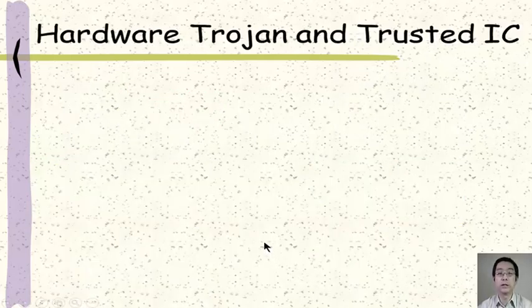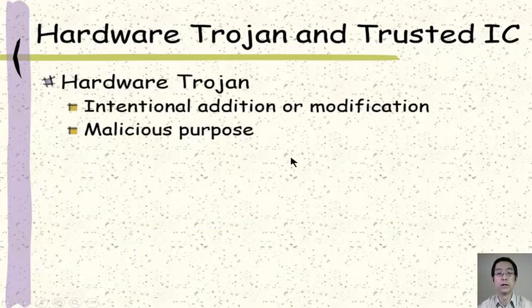To summarize today's lecture, what we are going to do next will be hardware Trojans and trusted IC designs. For hardware Trojans, we have learned two important characteristics. First, it must have an intentional addition or modification to the system. Second, this addition or modification must have a certain malicious purpose.